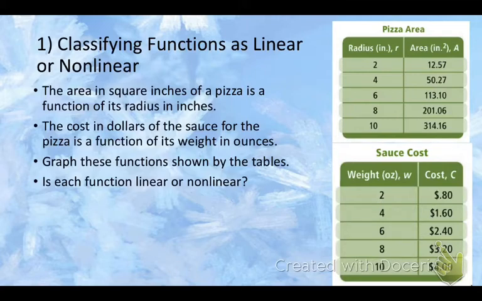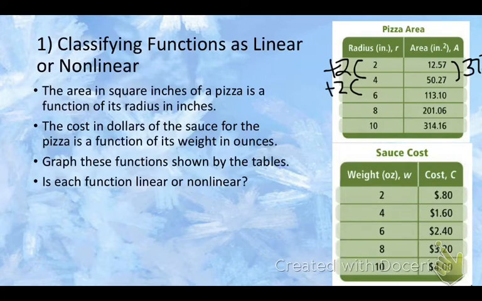So as I look here at this first example, I see that when I look at the change in radius here, this is going up by 2. And when I look over here, I have 50.27 and 12.57. And that is going up by 37.7.